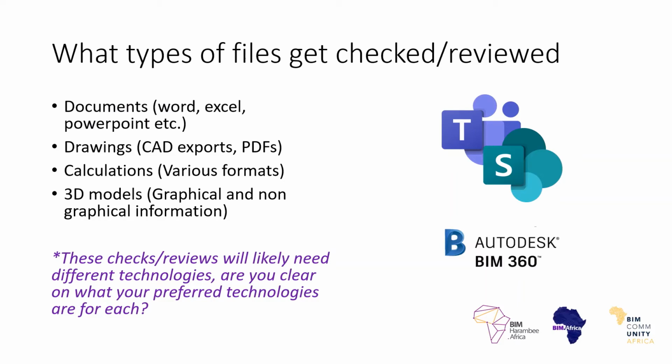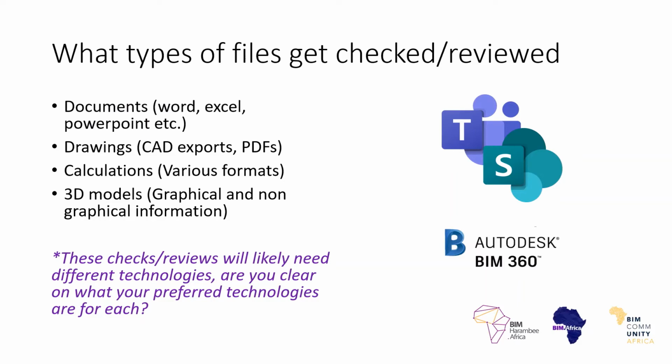Many calculation software or applications don't really have their own checking mechanisms within those tools as such. So you have to use other solutions to verify and approve those documents or those calculations. And then you've got your 3D models that you need to check and review. And that goes for both your graphical information and your non-graphical information.